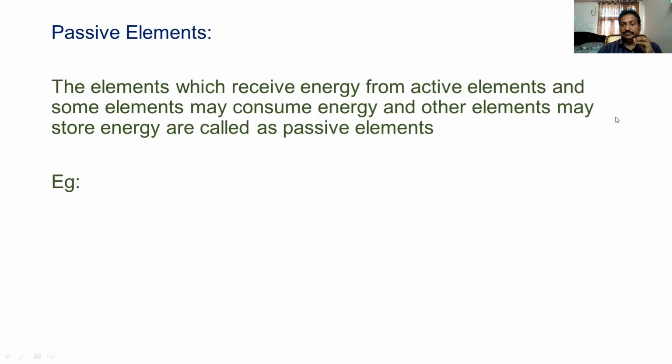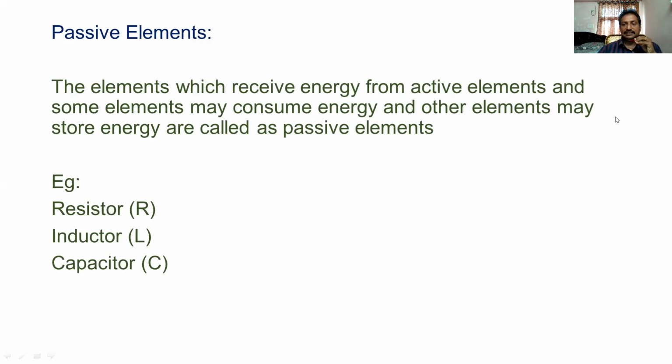Passive elements are the elements which always receive the energy from active elements in the circuit. Some elements may consume the energy and some elements may store the energy. These are called passive elements. What are the examples? Resistor, inductor, and capacitor. These are the best examples of passive elements.